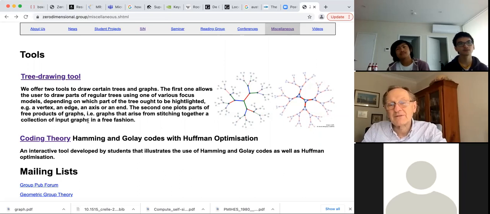So yes, there are various algorithms. And there's a theory. There's someone by the name of Mike Fellows who's written about how to draw graphs, so that you can see the information as clearly as you can.